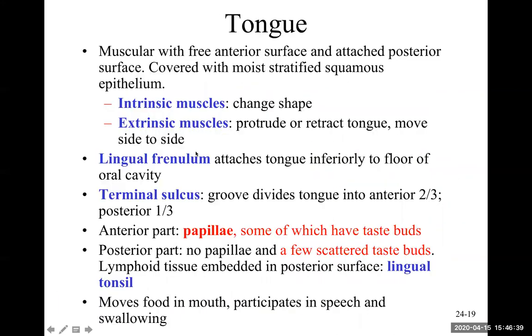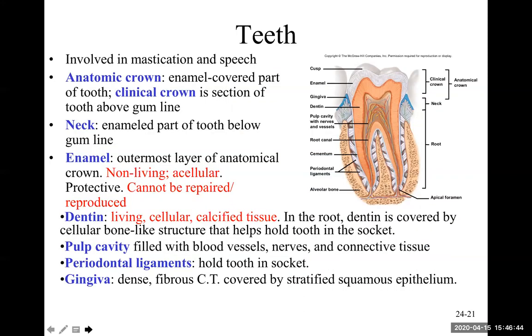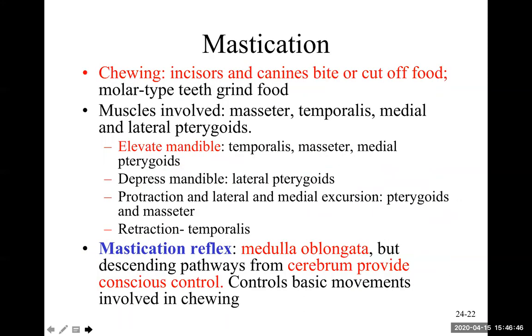Let's start talking about not our teeth, but mastication and the process of digestion. So the first step is to take that big chunk of food and break it up into smaller bits, right? So that's mastication, chewing with the incisors and the canines, allowing us to bite or cut off food.